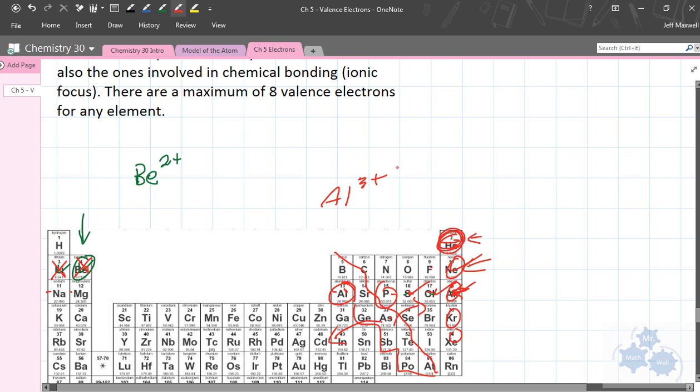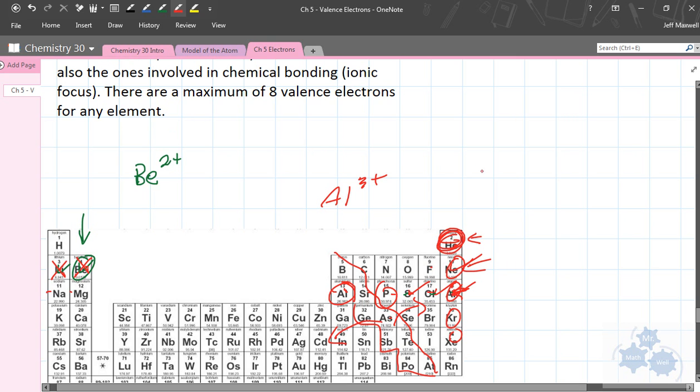So the bottom line is that in forming ions, it's the valence electrons and it's the outer shell. It's called the outer shell that gets filled. Okay? Each atom wants a full outer shell in order to be stable. So that's why it picks up some electrons to fill some holes, or it gives away some electrons to still have a complete outer shell.